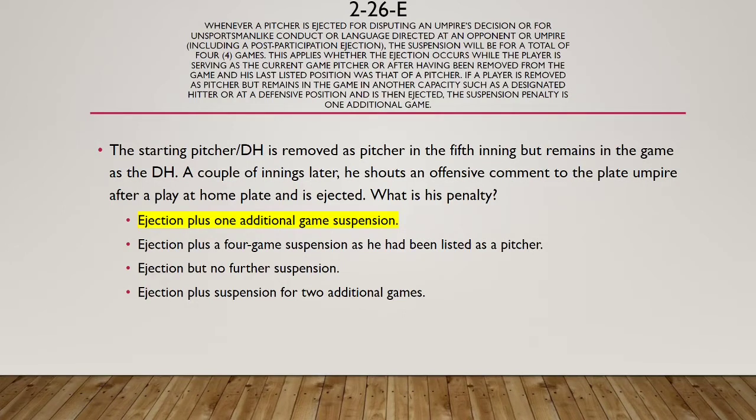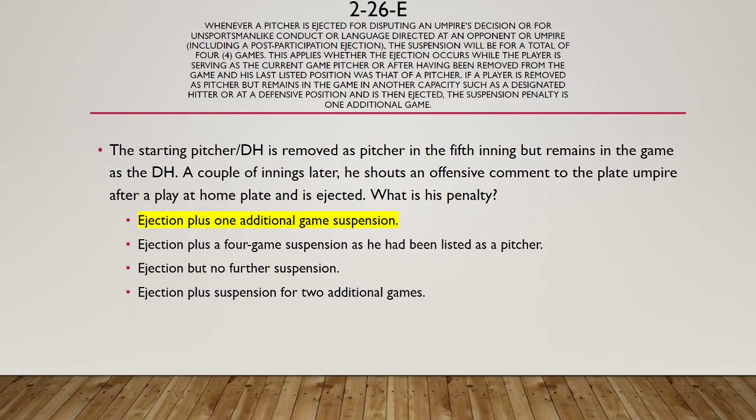The starting pitcher, DH, is removed as pitcher in the 5th inning but remains in the game as DH a couple of innings later. He shouts an offensive comment to the plate umpire after a play at the plate and is ejected. What is his penalty? It is an ejection plus an additional 1-game suspension. Remember in college baseball that it is the umpire who gives the suspension.